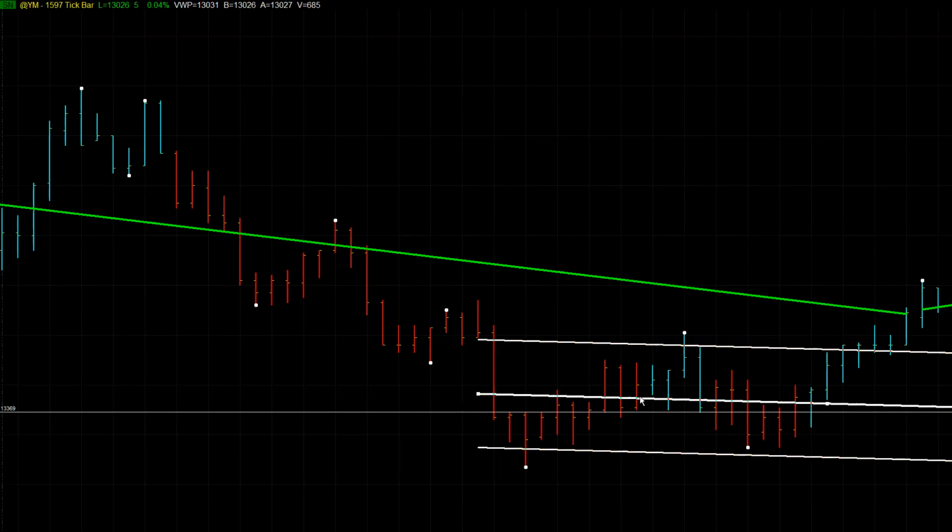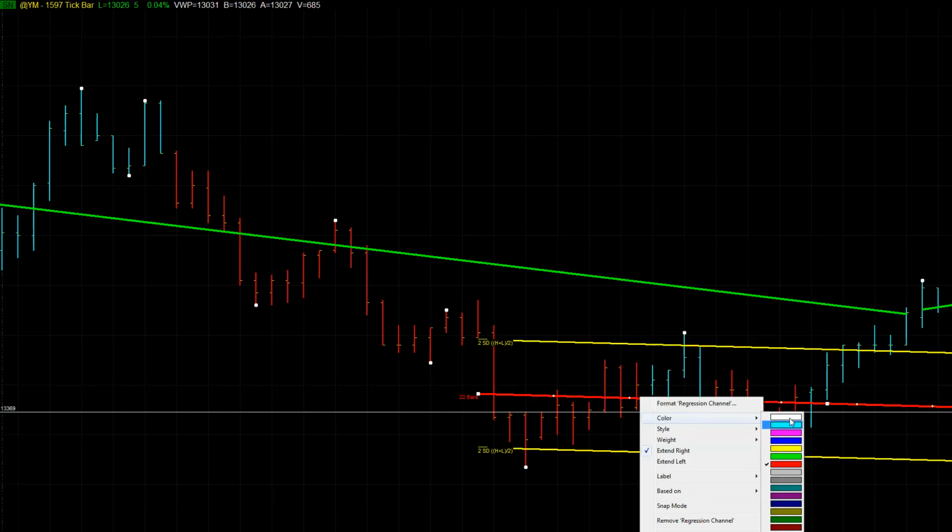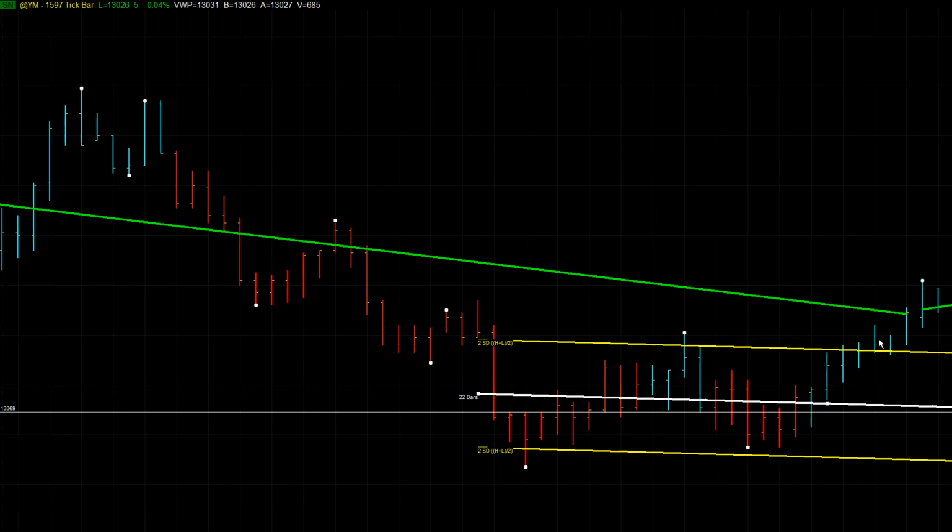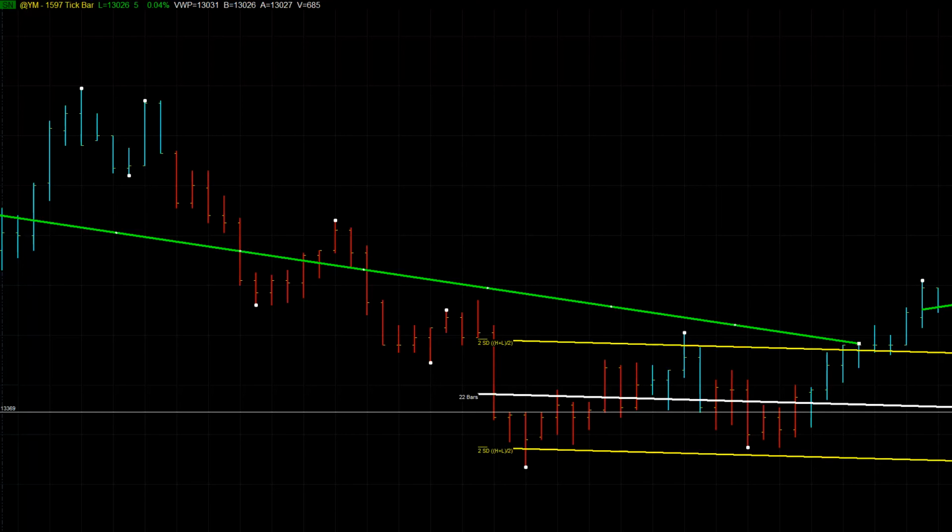Because it's flat, the zero line becomes white. We get two closes in succession above the SD line. That would be our exit, somewhere probably around there, and we enter to the upside and start the reverse process.